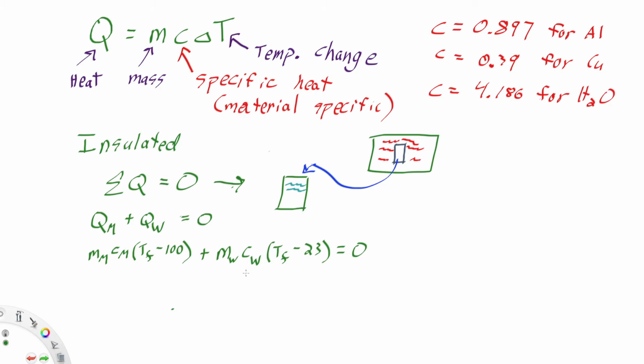The W here just stands for water. The other way this question could go is I could tell you what metal the thing was, and I could ask you to predict what the final temperature would be once it had all cooled off.